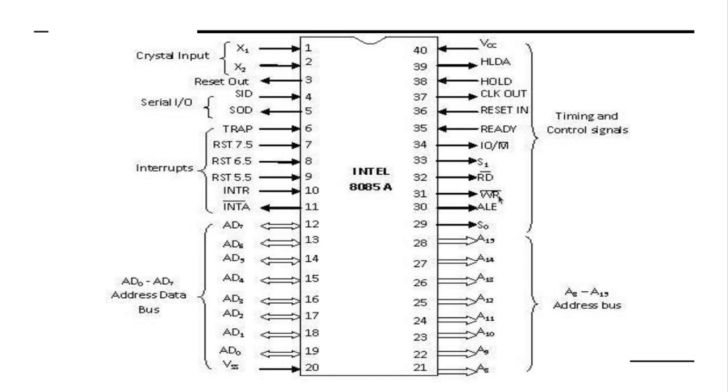Then we have write bar. Then we have ALE, then S0, then the address bus from A8 to A15. So this is basically how the 8085 microprocessor works as a multiplexer.